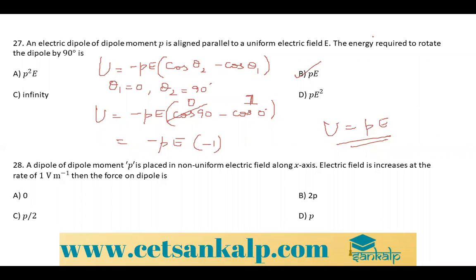So here you know that for the dipole, we said the field is non-uniform. So as you know, here F is equal to minus dU by dx.